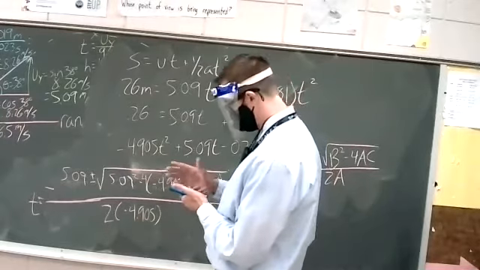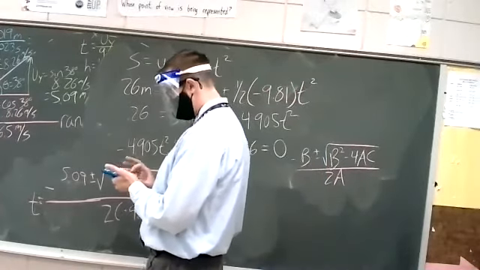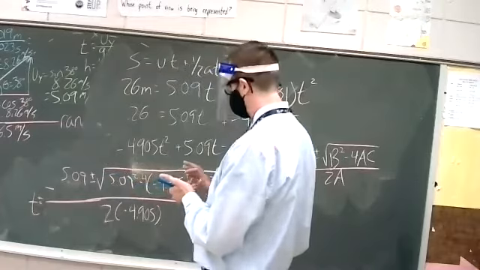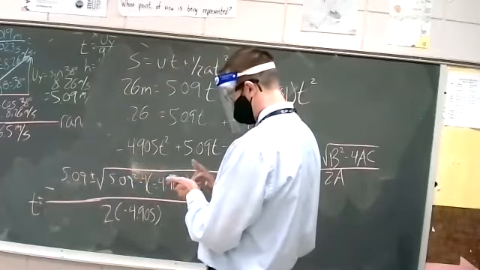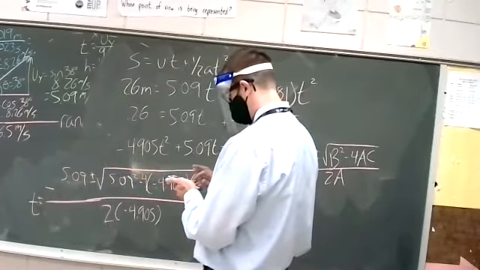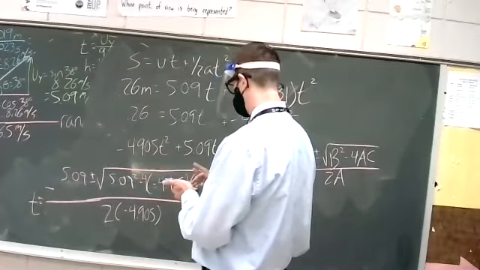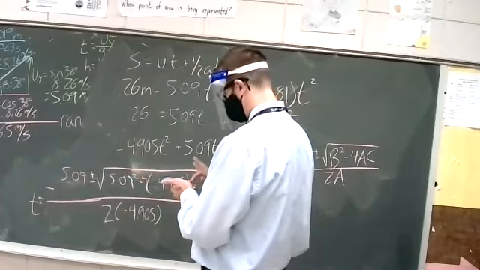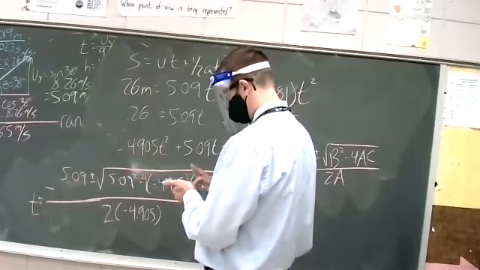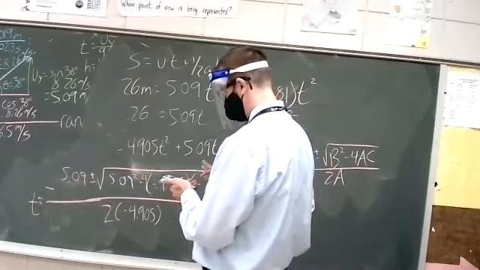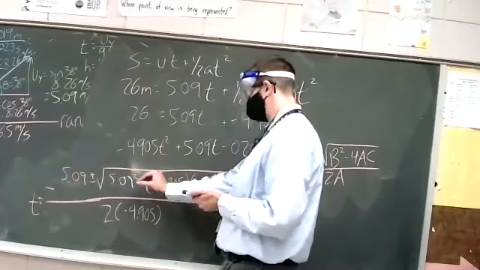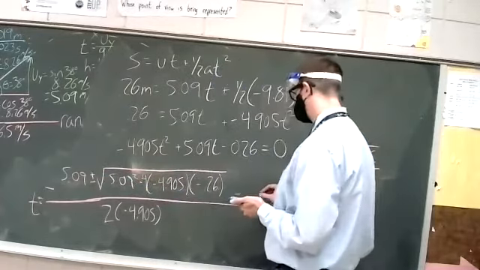Or rather, I get the whole quantity 20.8 when I do that. 5.09 squared equals 25, so minus 4 times A times C equals. So I get underneath the radical 20.8.